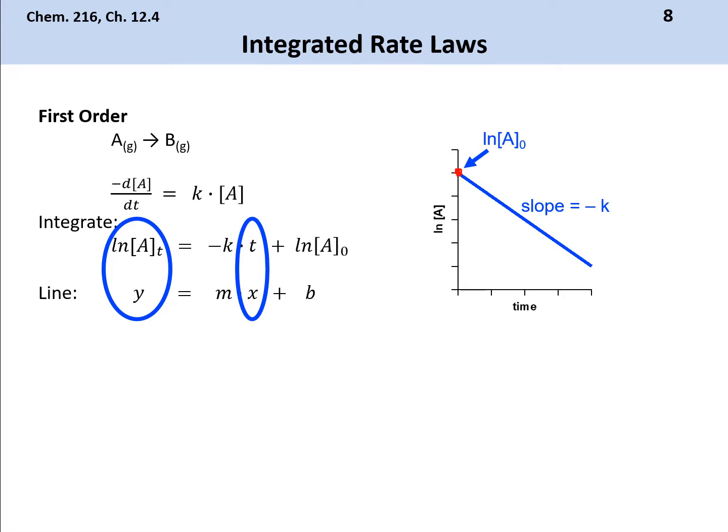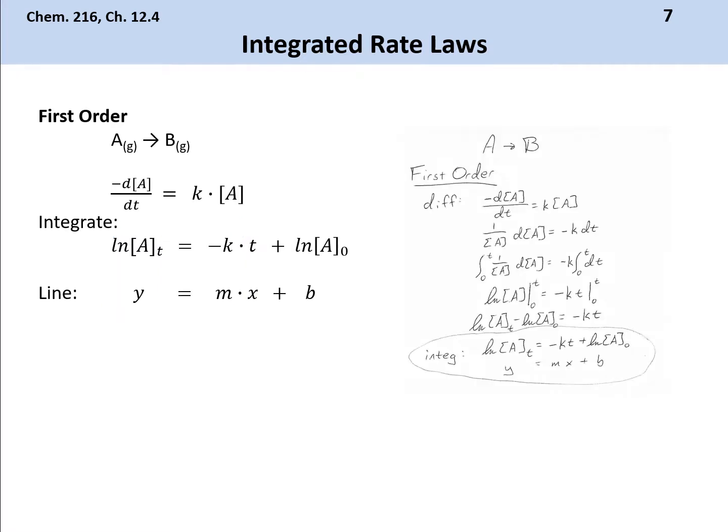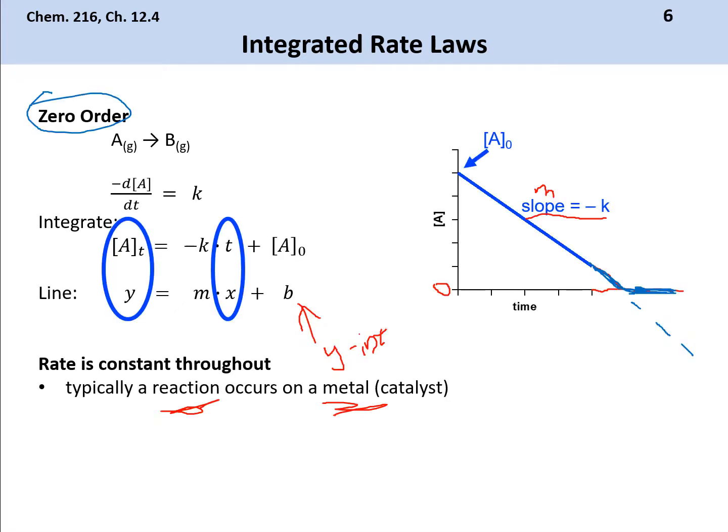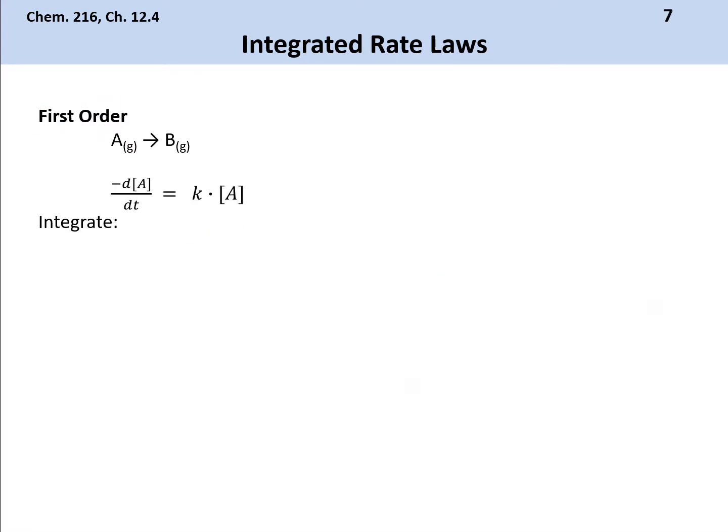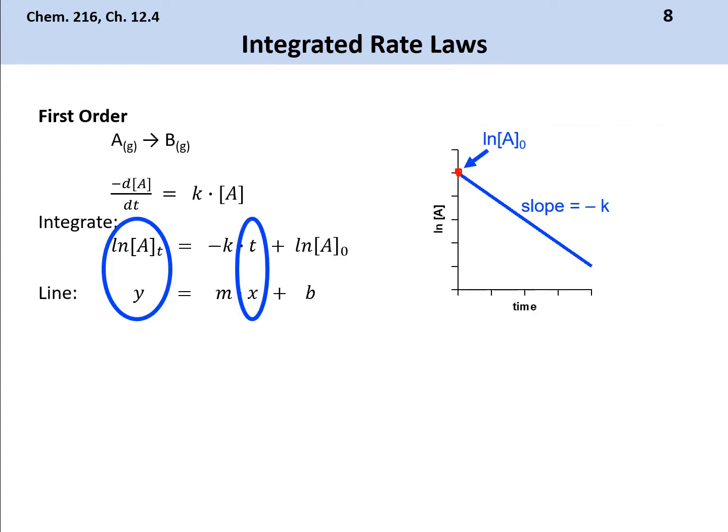Notice this is different than what we saw with the zero order. With the zero order, I plotted just concentration versus time. For first order, I have to plot ln A versus time.